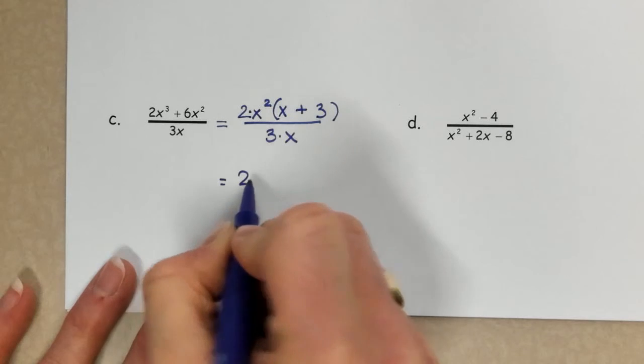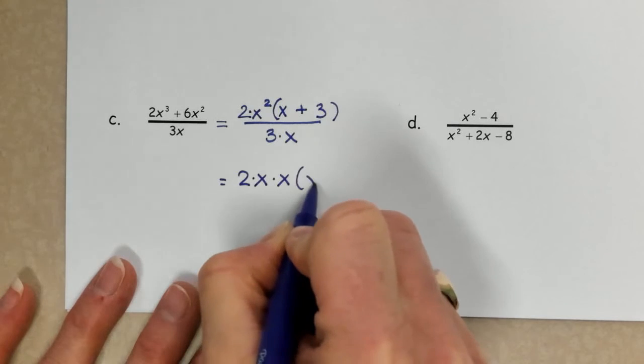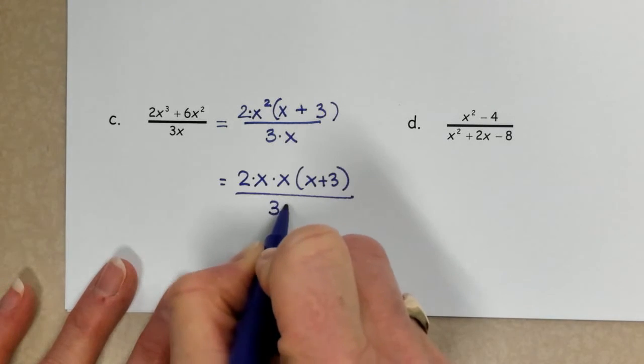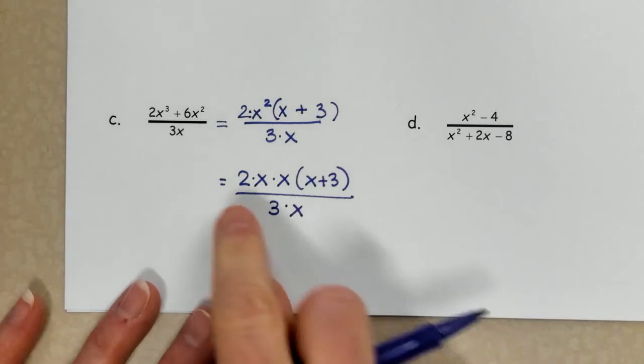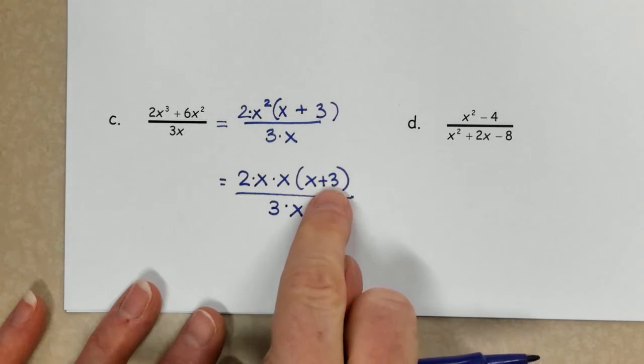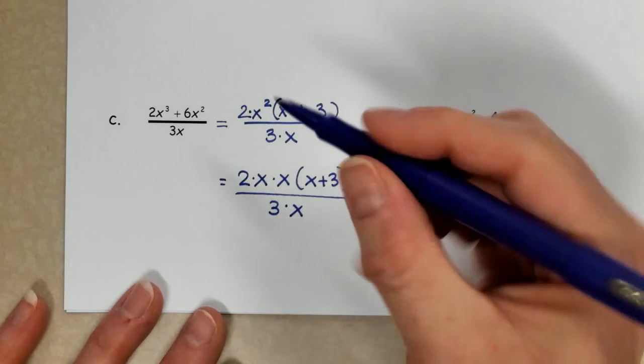You can think of that 2x squared as an x times an x. That's even more detail about how to think about this. And so all of these are separate factors, and all of these are separate factors, and then that's a separate factor. So any factor divided by itself can be crossed out.